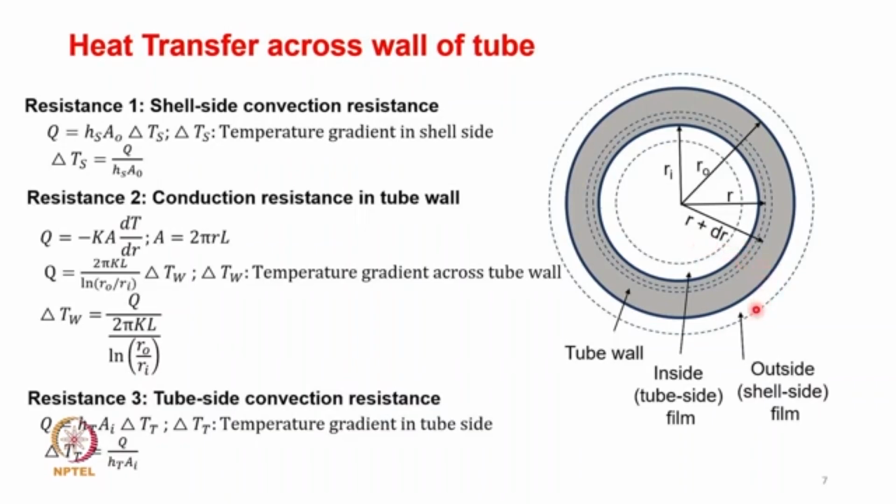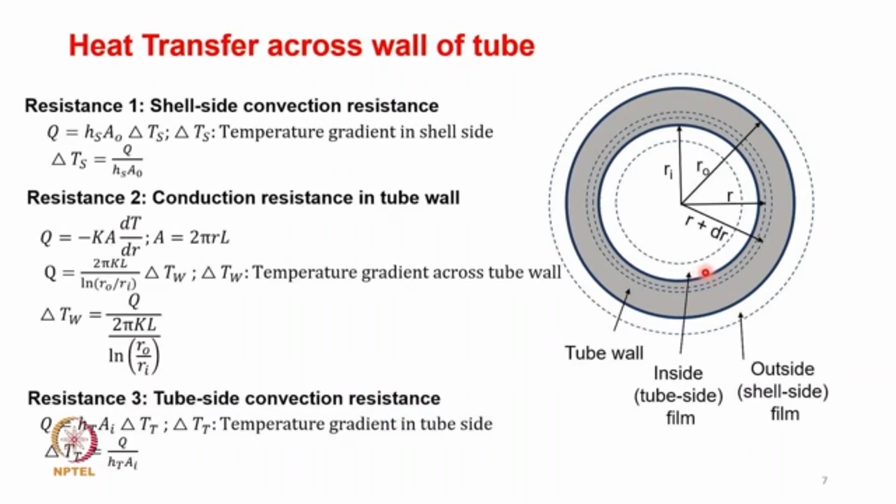Outside the tube wall, what you see is the shell side. Inside the tube there are multiple resistances to the heat transfer, in the sense that they have an opposing effect on heat transfer.